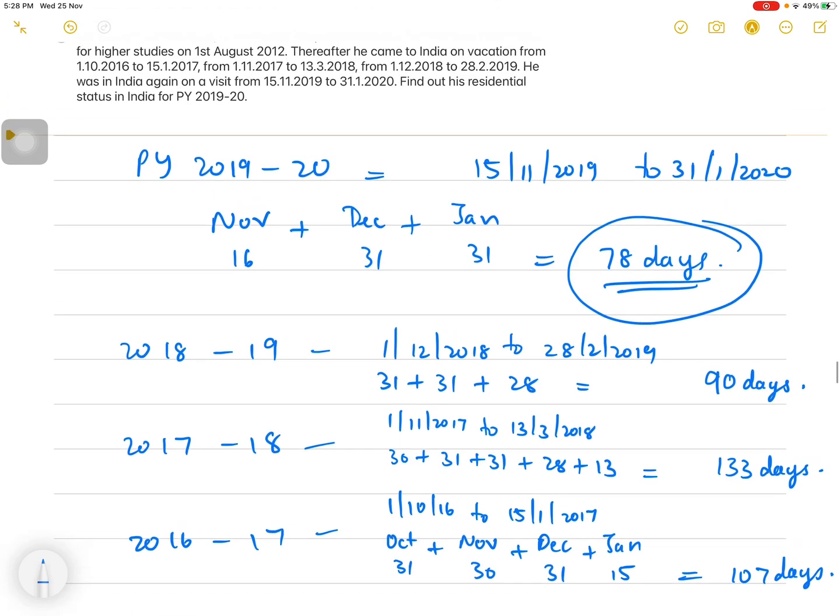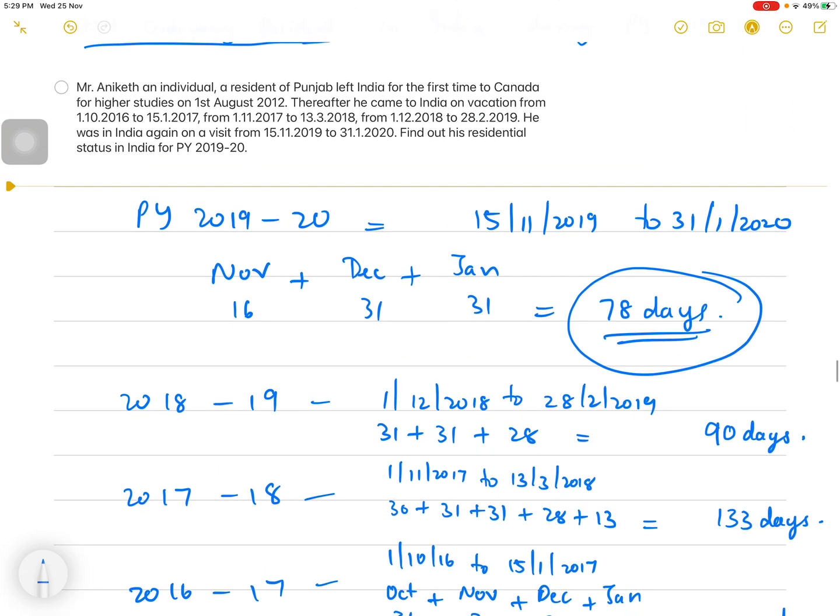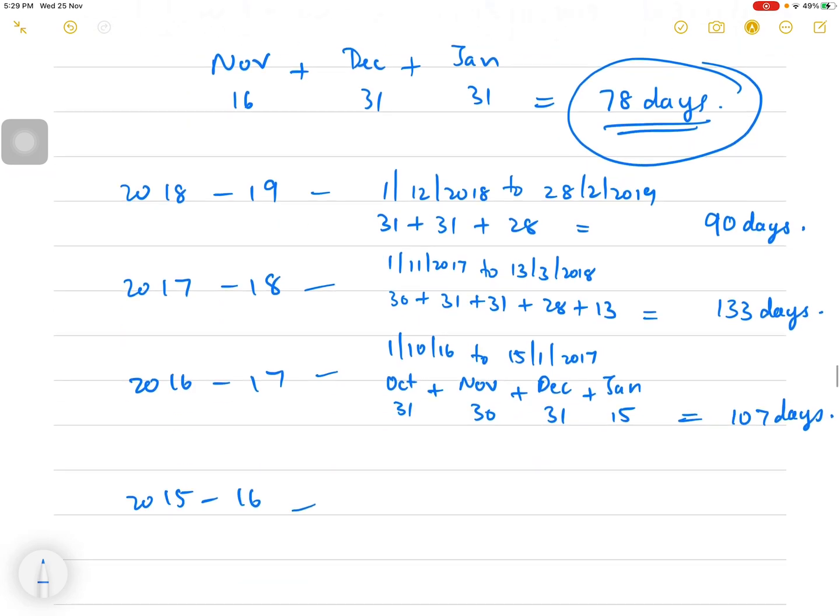Right? During 15-16, he left on 1st August 2012 and he came directly in 2016. So that means during 15-16, 0 days. He did not come to India during 15-16.